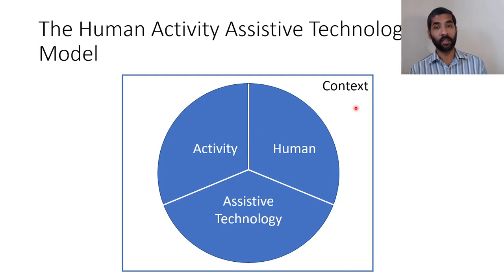Just look normal, right? So here's the human aspect. The human aspect was that she had a bilateral amputation. She didn't have both her hands. The activity that she wanted to do was go on a date, right? And all she needed was to look normal, right?